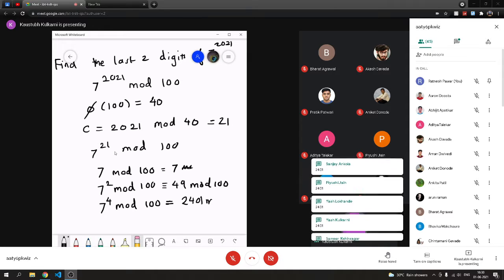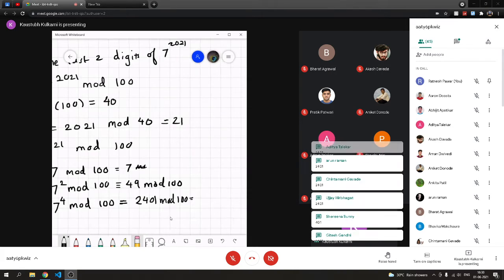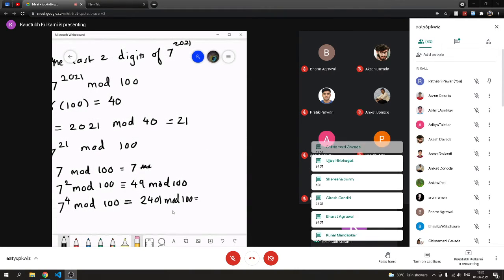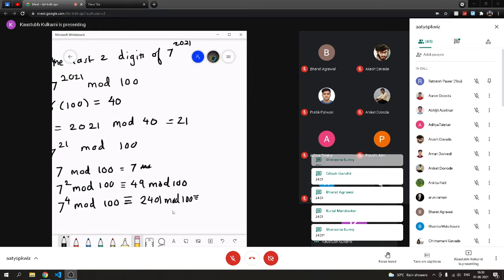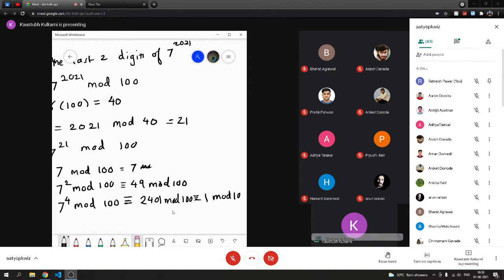So 2401 mod 100 gives us 1. It is congruent to 1 mod 100. Now our life becomes simple.